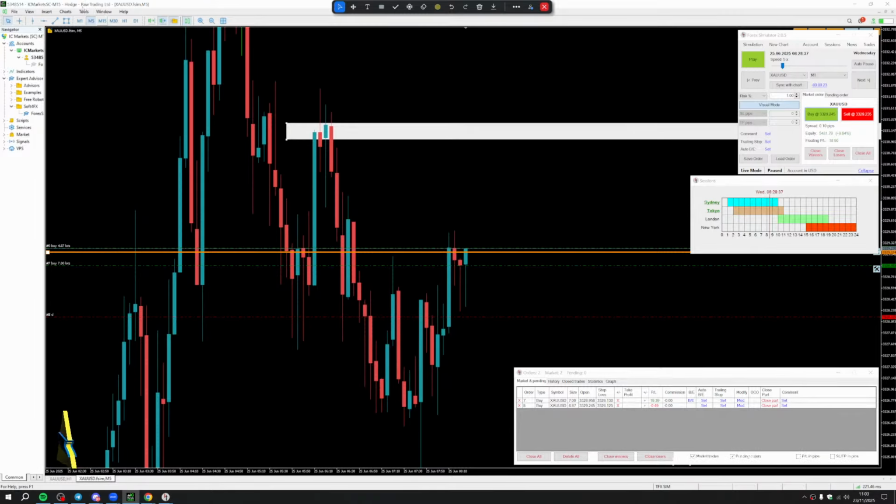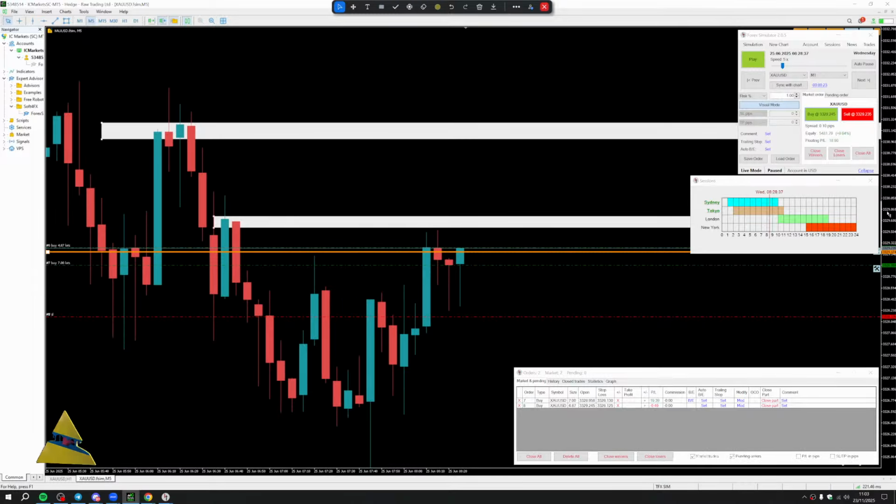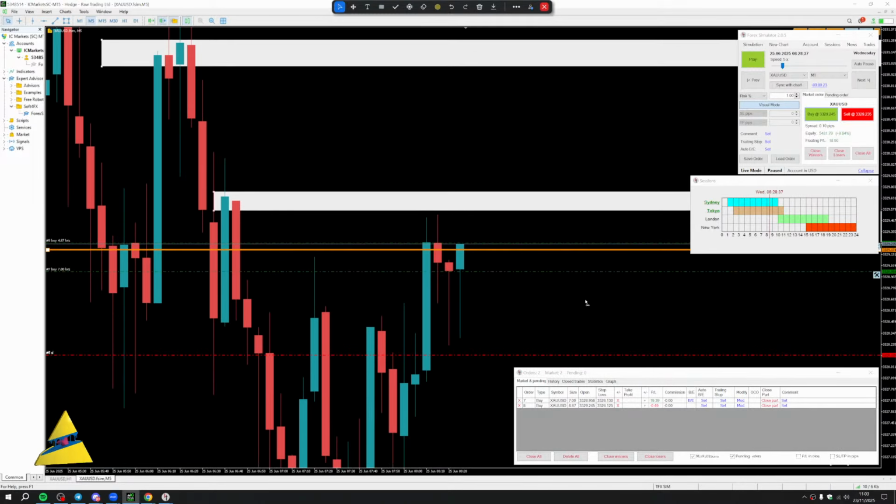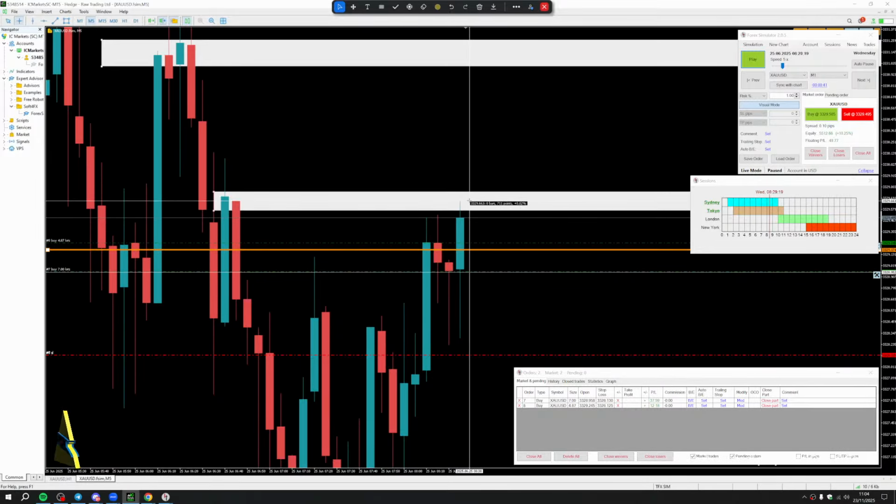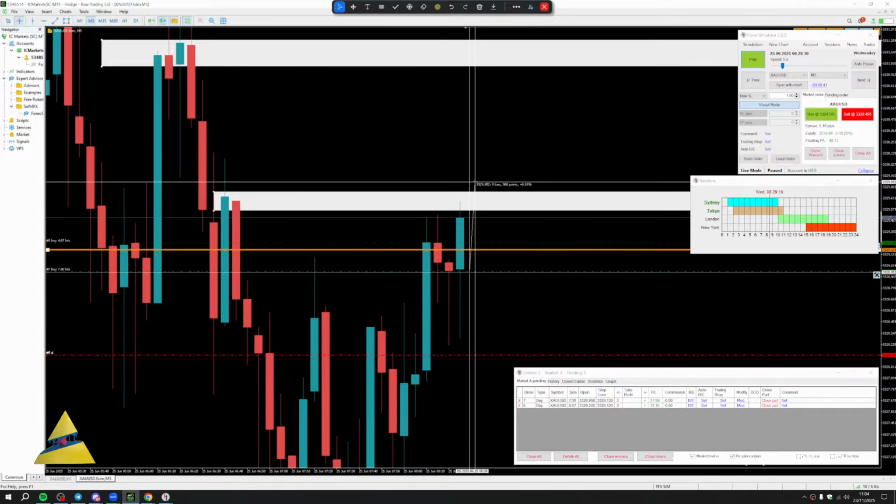We got another resistance that we have to watch right over here too. All right, so price progressing beautifully. And as we approach this resistance, I think it's a good idea to secure... or is it still a bit too early?